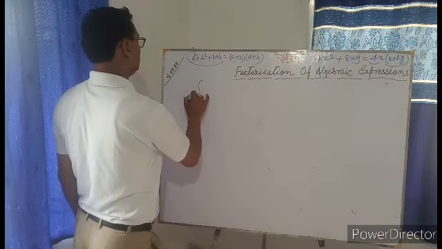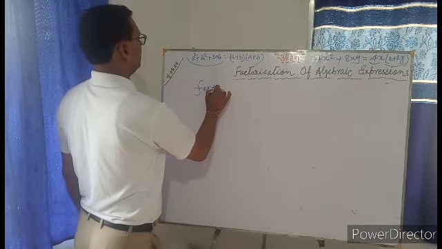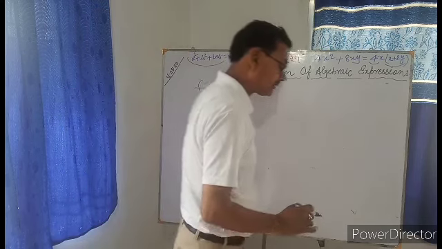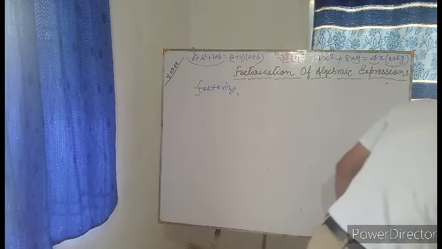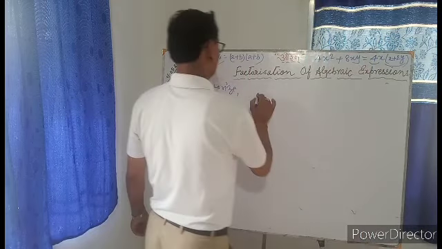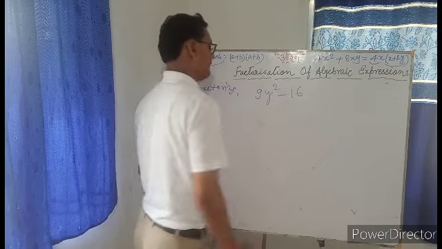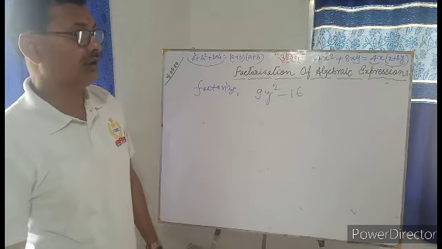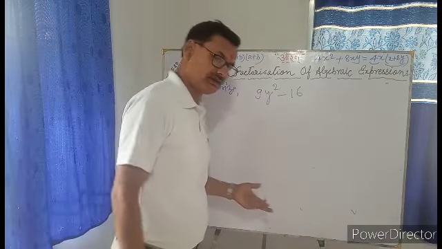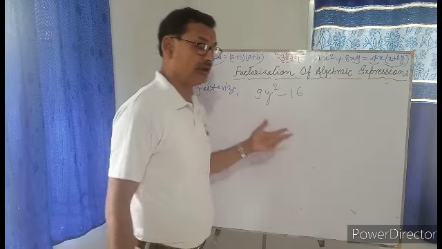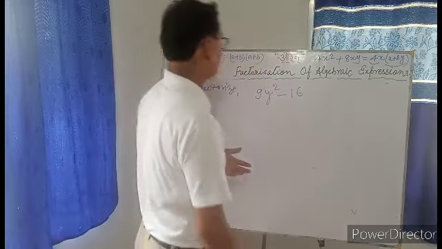Factorize 9y square minus 16. Let us recall the identity which has two terms, and that is also in the form of a square and b square.